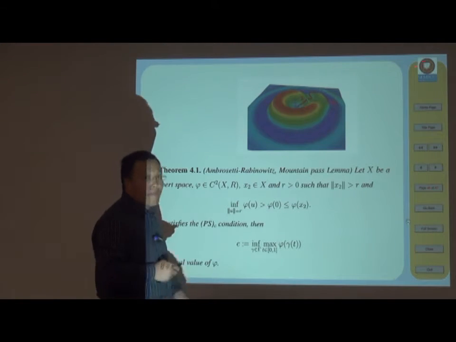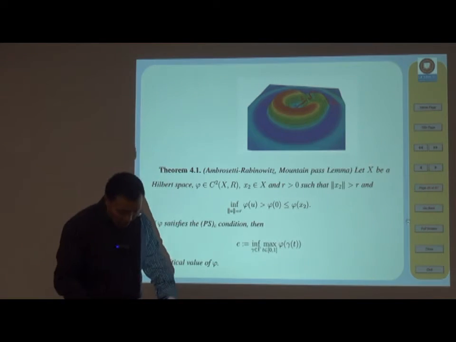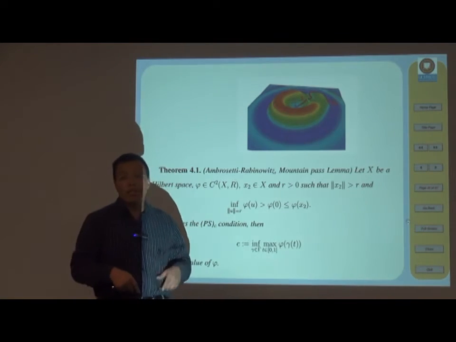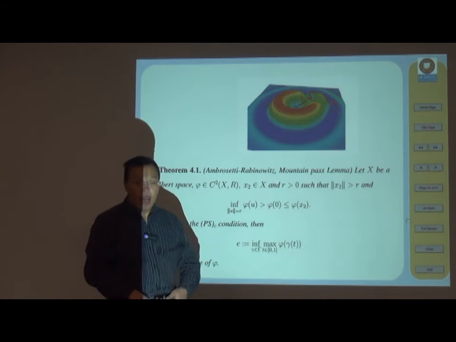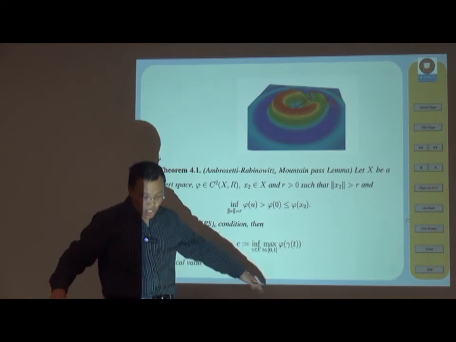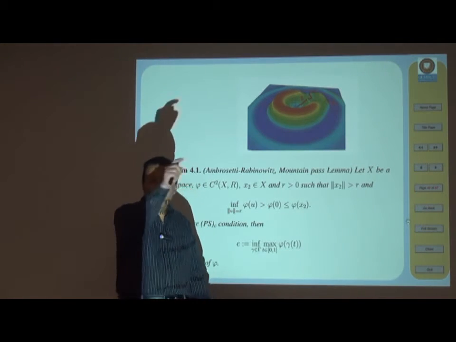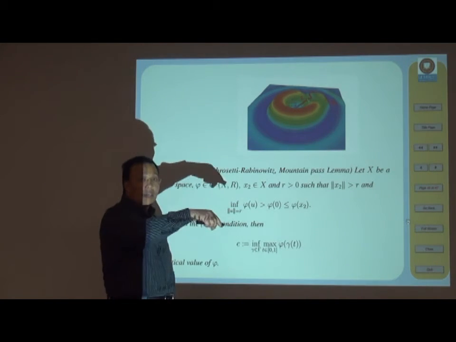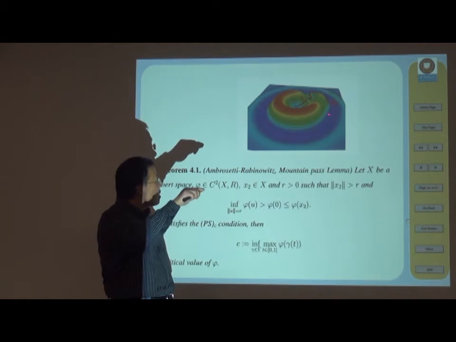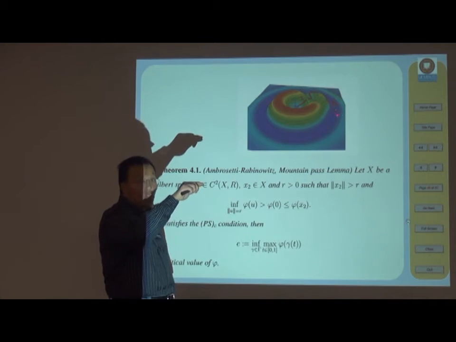For example, you stand at 0, and the surrounding is a mountain, and there is another component x2.